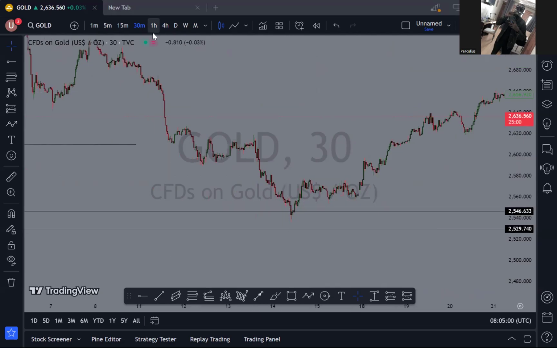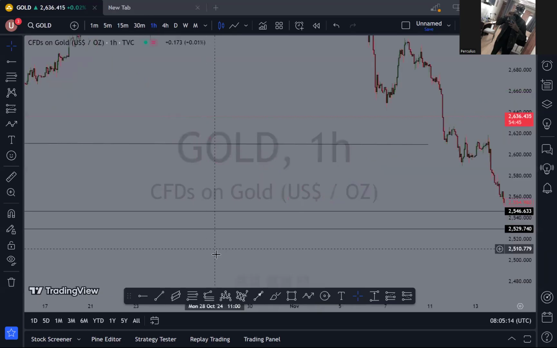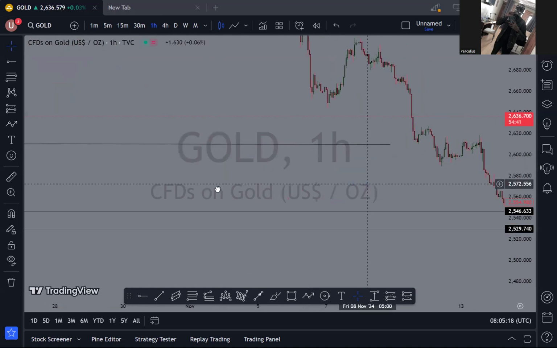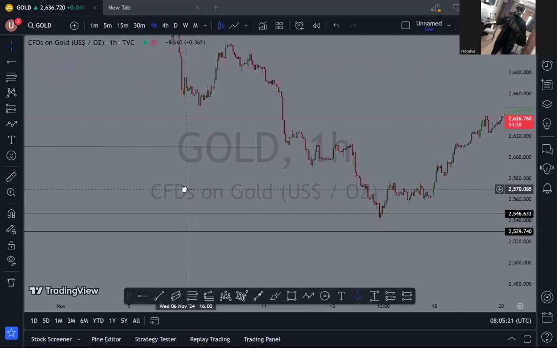Then basically after 4 hours, I said I'm going back to 30 minutes, but for a confirmation of a break of structure from 30 minutes, its confirmation time frame is 1 hour. And so there's this thing of time frame coordination that you must know. It really helps in trading.